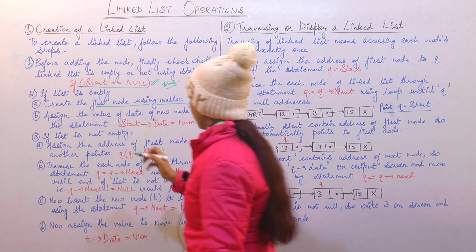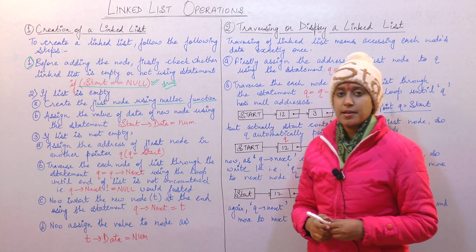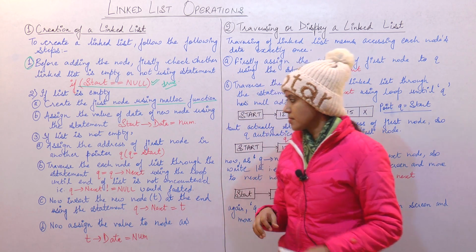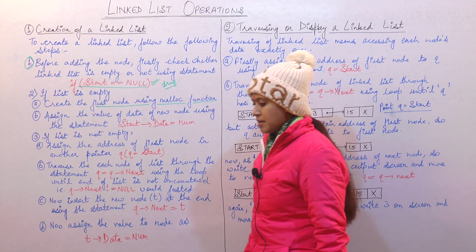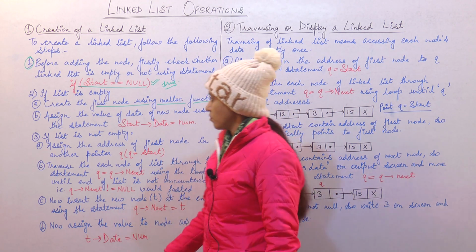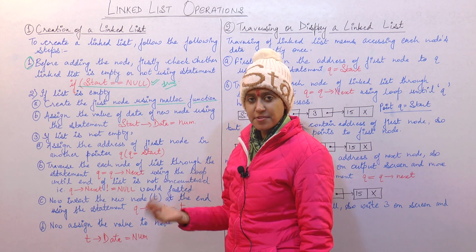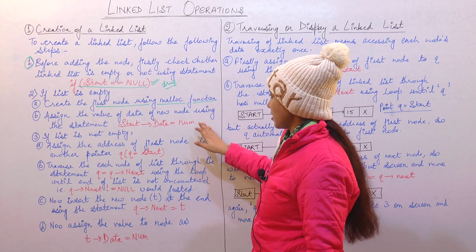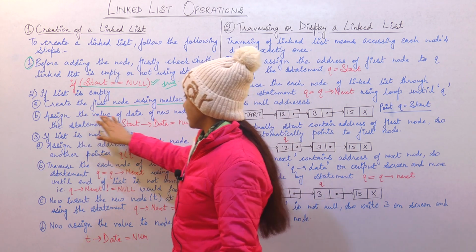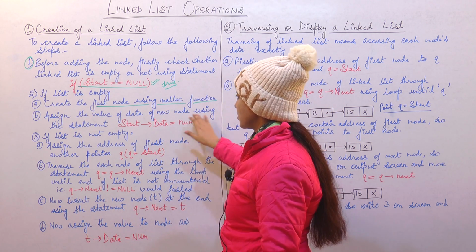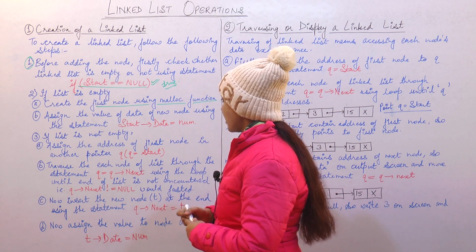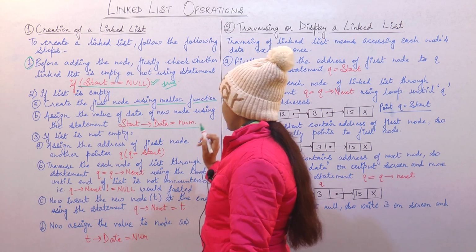Malloc function was already taught to you in the first year. So we will create the first node using malloc, and then assign the value of data of the new node using the statement start implies data is equals to num.